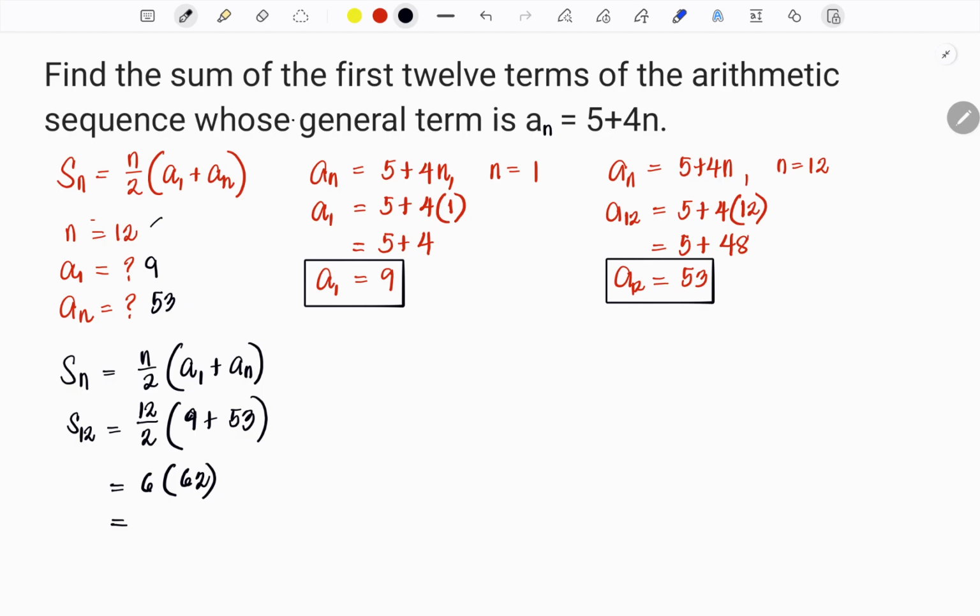And 6 times 62, we have 372. Therefore, the sum of the first 12 terms of the arithmetic sequence given by the general term a sub n equals 5 plus 4n is equal to 372.